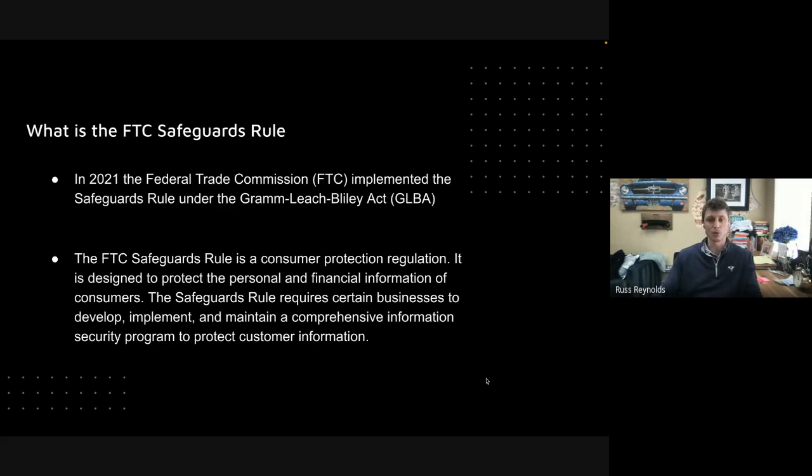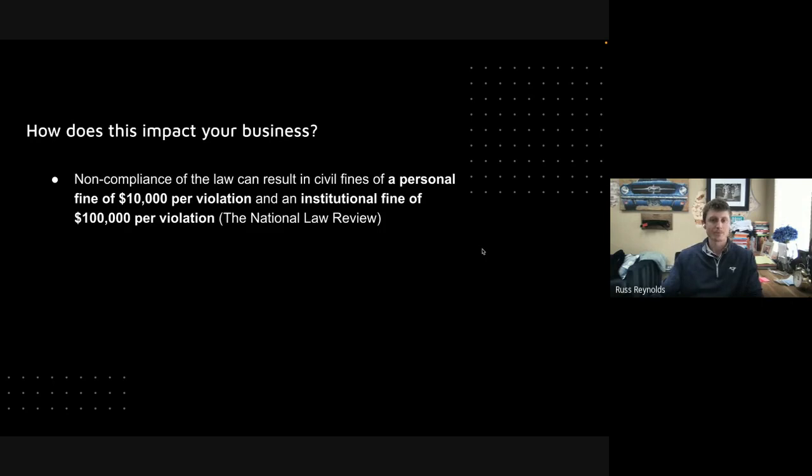Something I found out through working with our team here and asking a lot of questions is that typically the FTC's jurisdiction doesn't apply to retail, but since this rule is for consumer protection, it does extend over to the retail environment. And the safeguards rule requires certain businesses to develop, implement, and maintain a comprehensive information security program to protect your consumers' information.